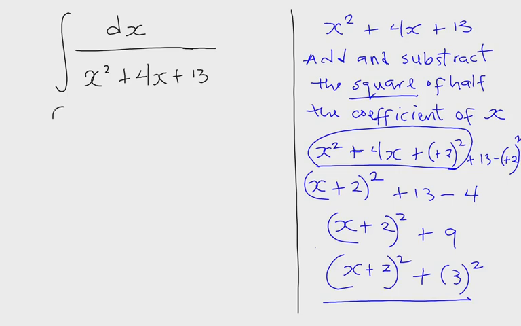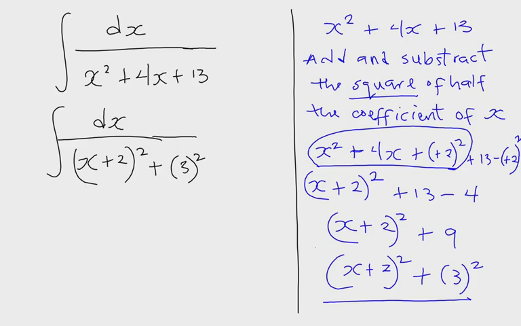So here we now have the integral dx all over x plus 2 all squared plus 3 squared. If you observe, this is related to the function that looks like arctan. It's related to the integral of 1 over a squared plus x squared dx, which is 1 over a arctan x over a.